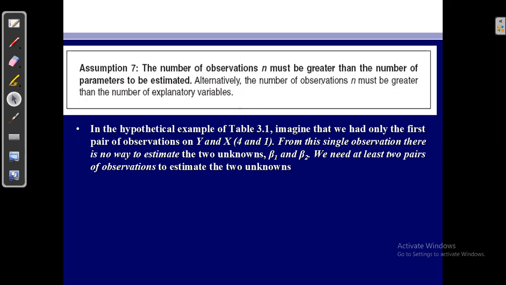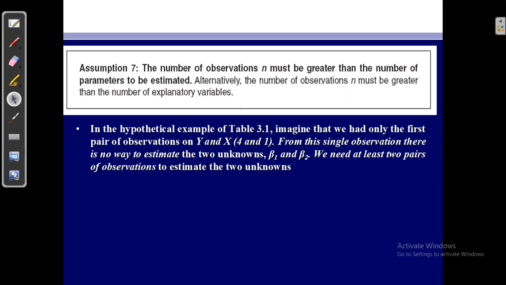So if there are K explanatory variables in your model, then the number of parameters would be K plus 1. For example, if there are 20 explanatory variables, then the number of parameters, betas, would be 21. So this assumption is saying that the number of observations in your model must always be greater than the number of parameters, or in that sense, the number of variables in your model.